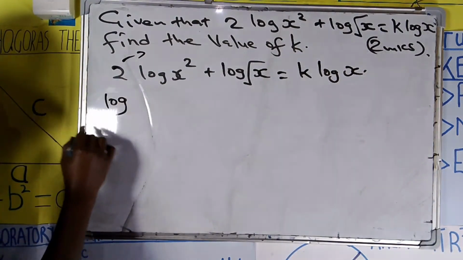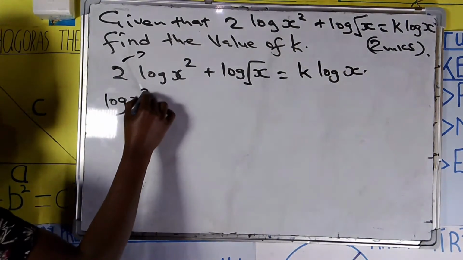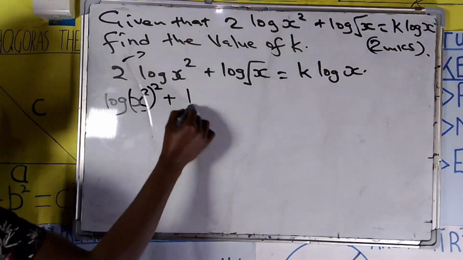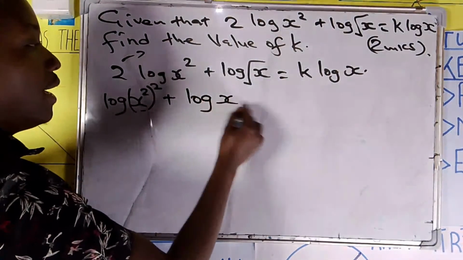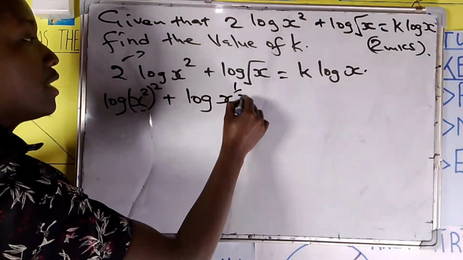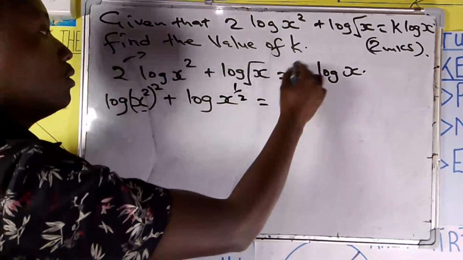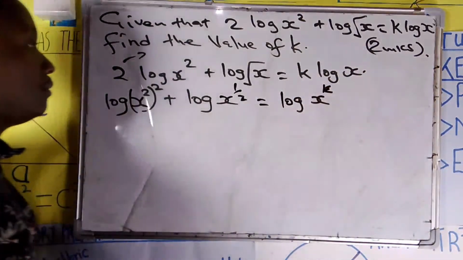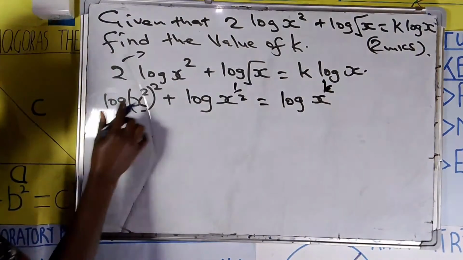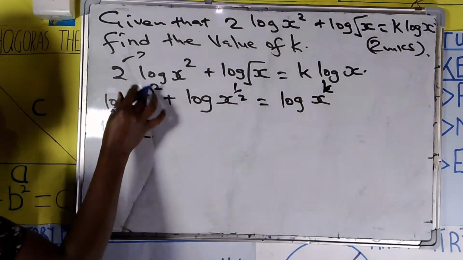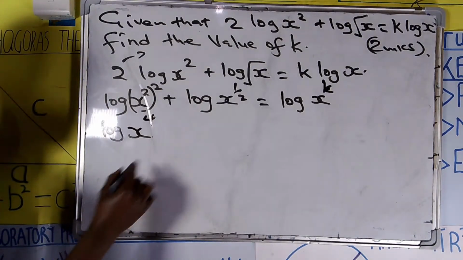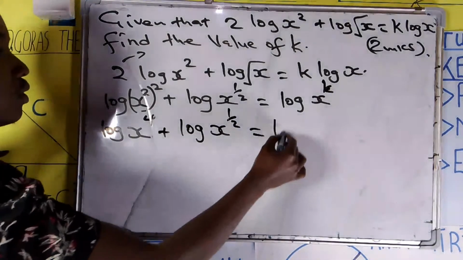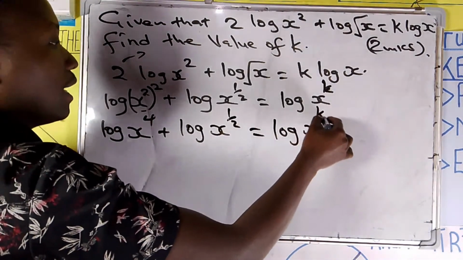So this is the same as saying log x to power 4, plus log of x to power half, is equal to logarithm of x to power k.